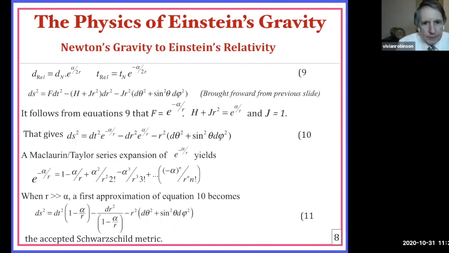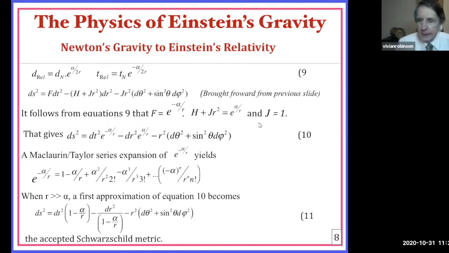The distortions in space-time are measured by variations in the wavelength as given here. It follows from that f equals e to the minus alpha over r, h plus j r squared equals e to the alpha over r, and j equals 1.